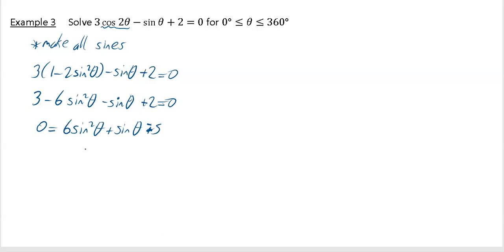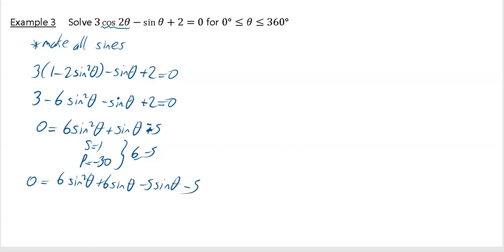So we have our sum is equal to 1. Our product is equal to minus 30. So our two numbers, when you go through that, are going to be 6 and minus 5. So we'll rewrite this whole thing. 0 is equal to 6 sine squared theta plus 6 sine theta minus 5 sine theta minus 5.